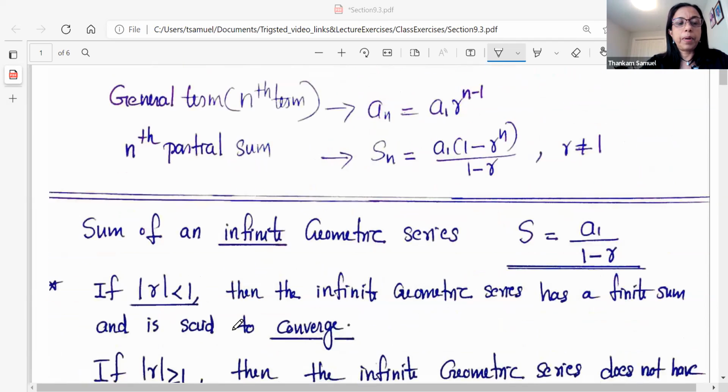Then there is another formula, the formula to find the sum of an infinite geometric series: S equals a sub 1 divided by 1 minus r.